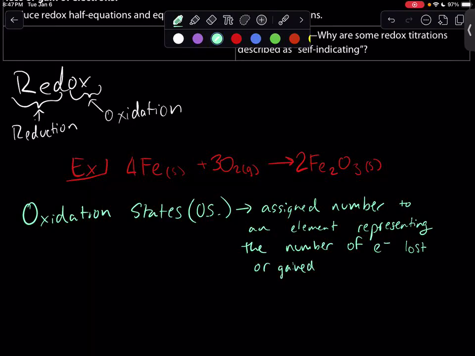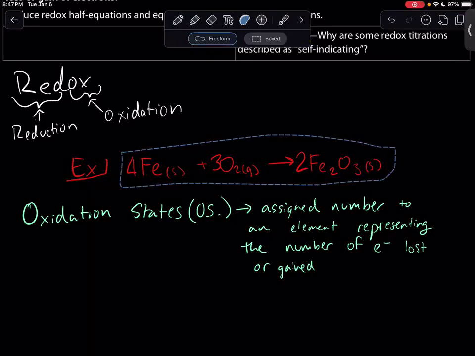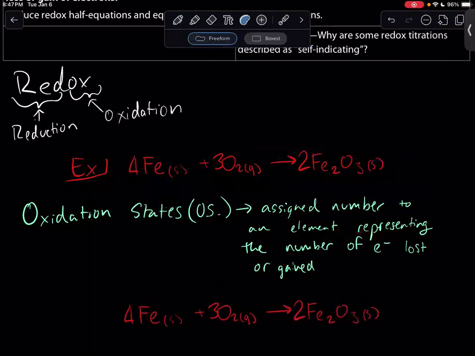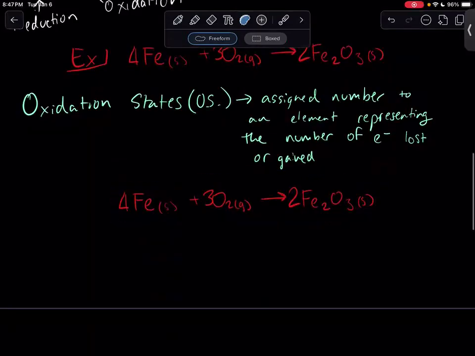And they don't have to be fully lost or gained, they can be partially lost or gained. But using that definition, we'll go ahead and just look at our equation down here.